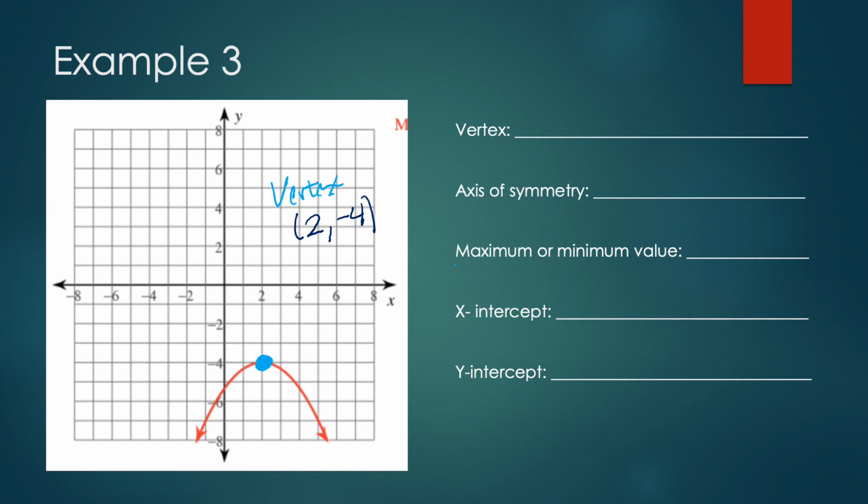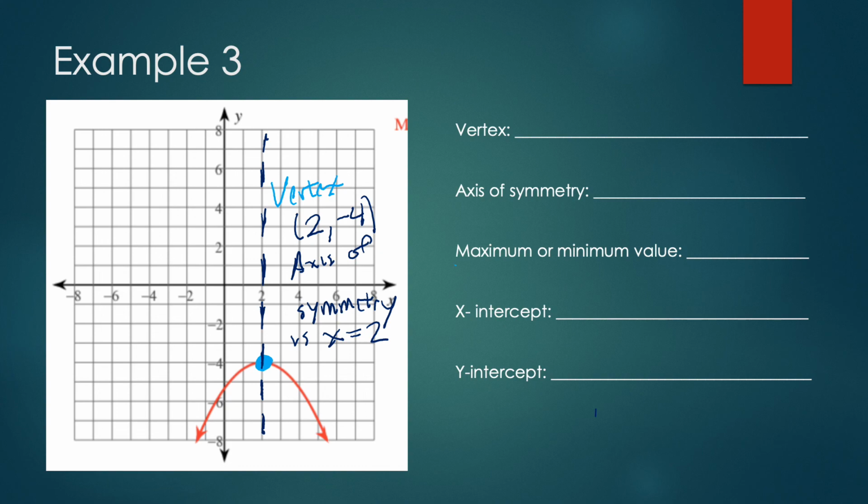Now I'm going to draw my vertical line going through the vertex for my axis of symmetry. So it looks like my axis of symmetry is x equals 2. Now I'm going to look to see if I have a maximum or minimum.